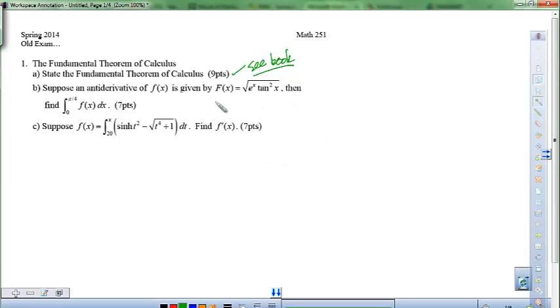This second one's a little bit more challenging. Suppose an antiderivative is given by this function, and we don't know what little f is, and they want us to find the integral from 0 to pi over 4 of little f dx.